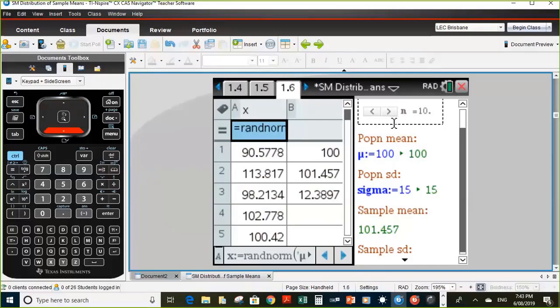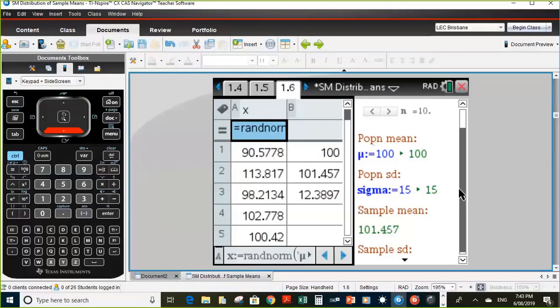So at the moment we've got a sample size of 10, and with that slider we can change the sample size. The population mean has also been assigned to be 100. The population standard deviation has been assigned to be 15.